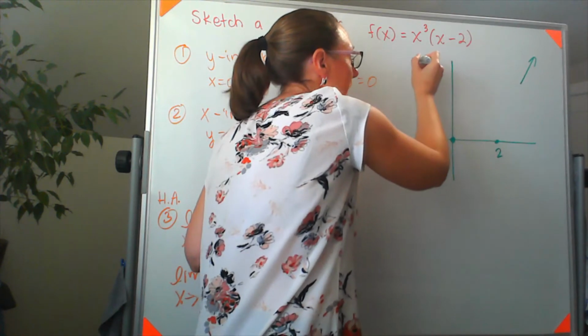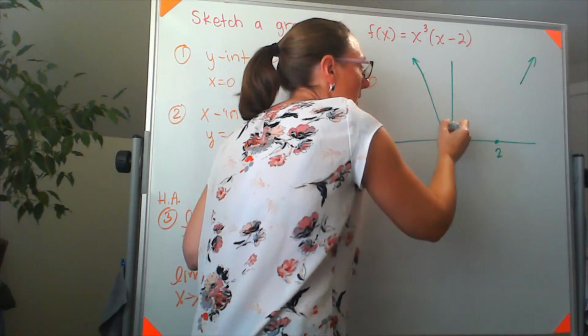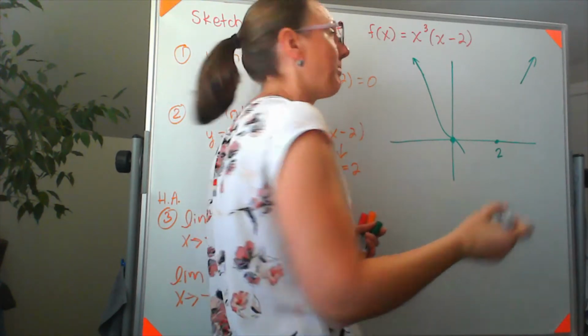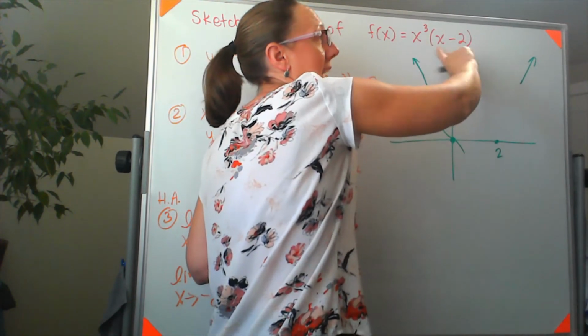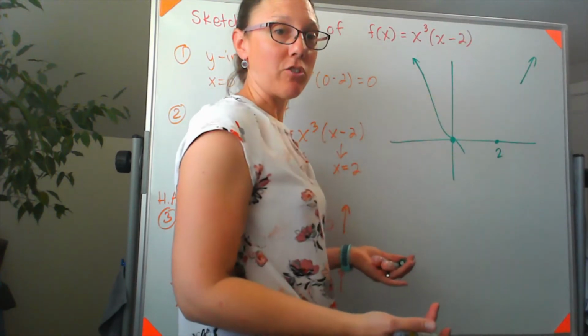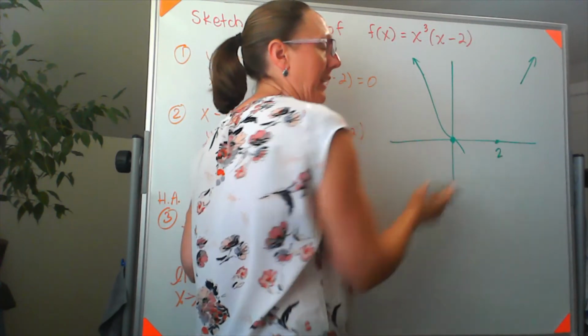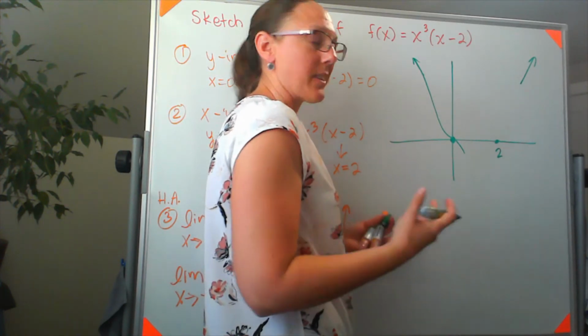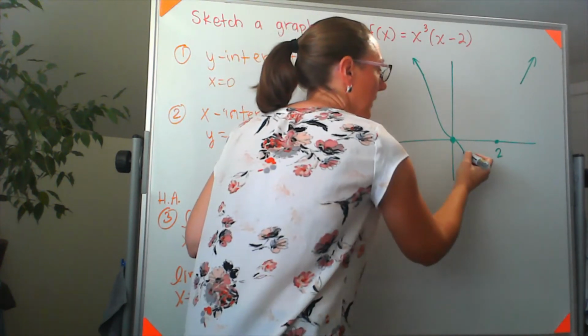So as I'm passing through, I'm going to have a little bit of a bend like a cubic. When I've got that x minus 2 piece, that's to the first power, or it's a linear term, which means as I'm coming over here to 2, as I pass through that intercept, it should look approximately linear.